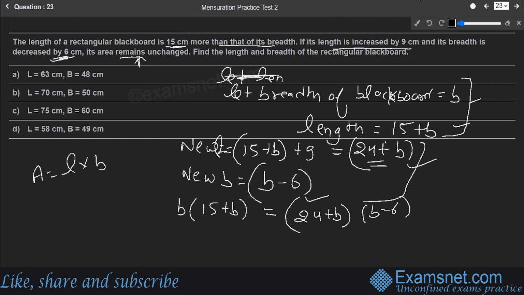Clearly we have to solve this expression to get the value of B. If we multiply, this is going to be 15B plus B square is equal to 24B minus 144 plus B square minus 6B.